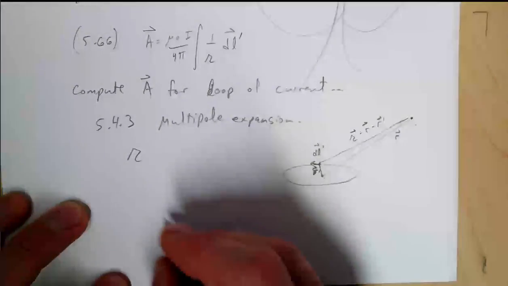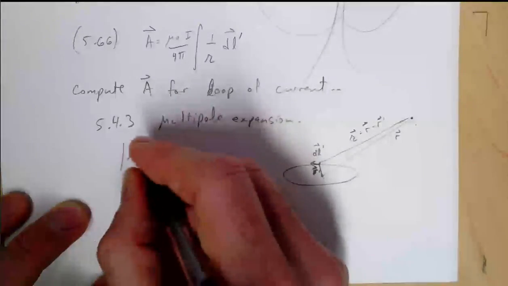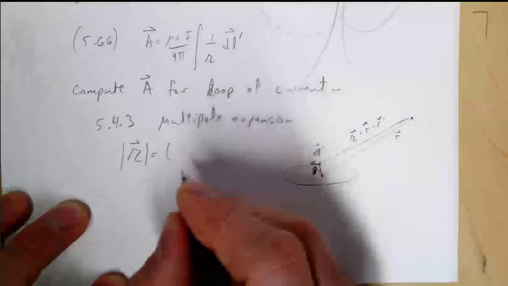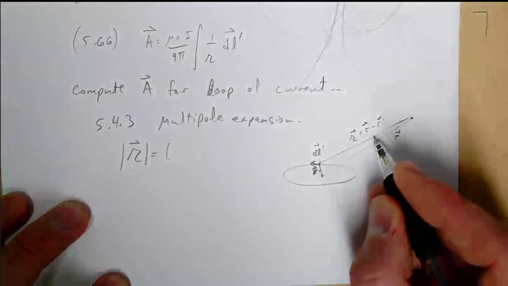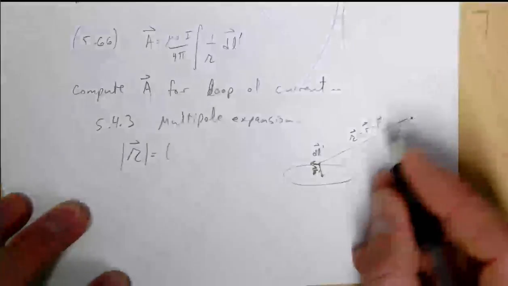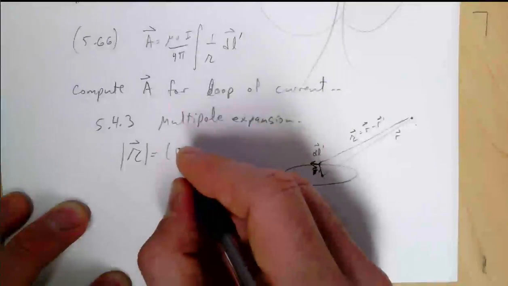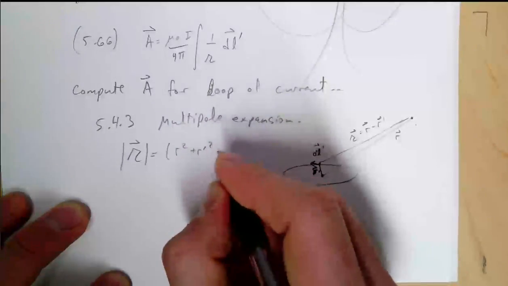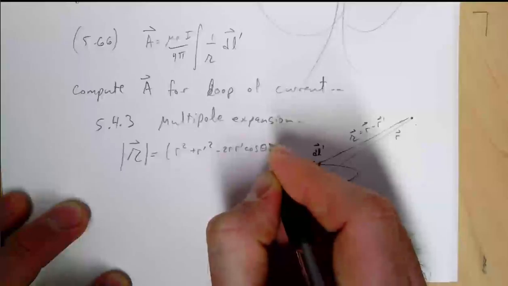So in other words, script r, as a magnitude of this vector, could be equal to, basically, I'm just going to subtract these and dot it into itself, and that would give me r squared plus r prime squared minus 2r r prime times the cosine of the angle between them.